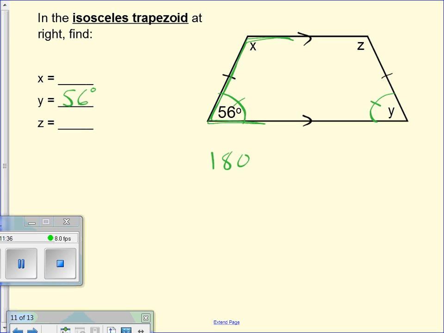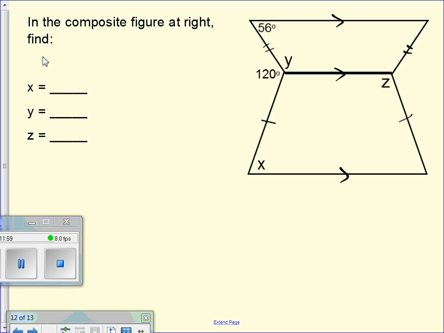So 180 minus 56 gets me 124. And that's my answer there. X, 124 degrees. Perfecto. And then guess what? Both pairs of base angles are congruent. Technically, these are base angles as well, and that's also 124 degrees. Cool. Let's do it again.